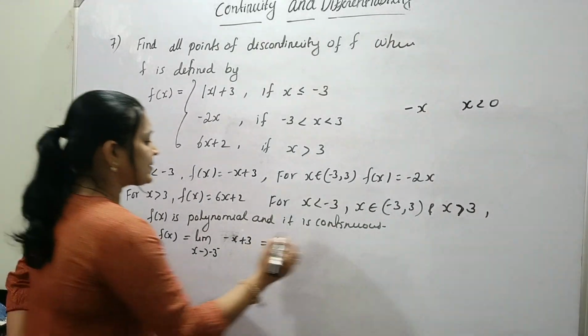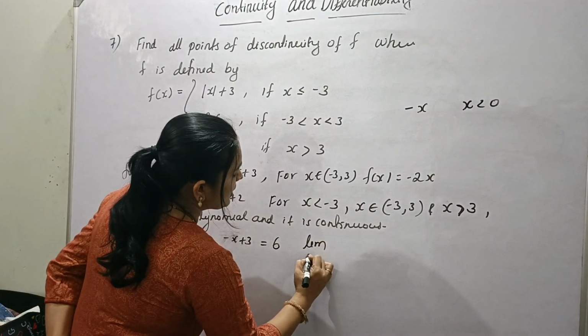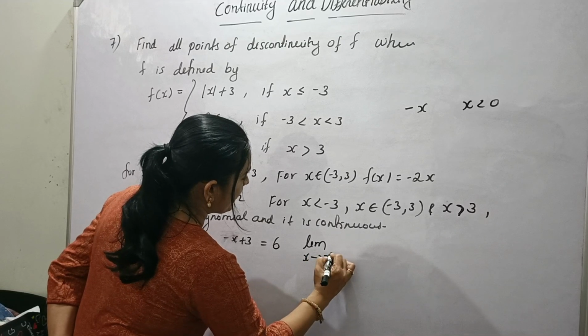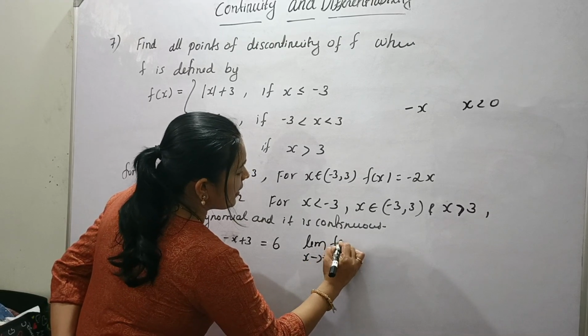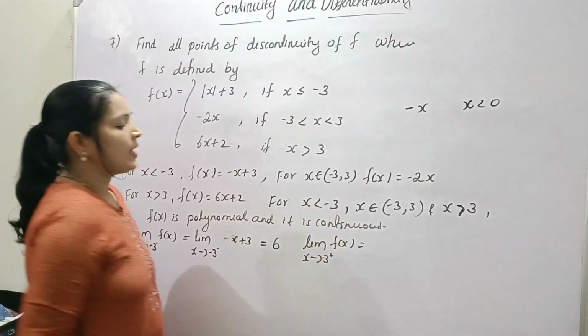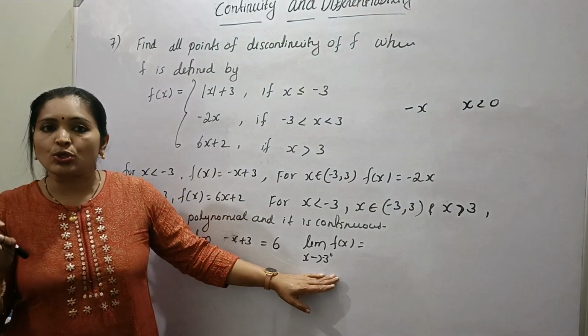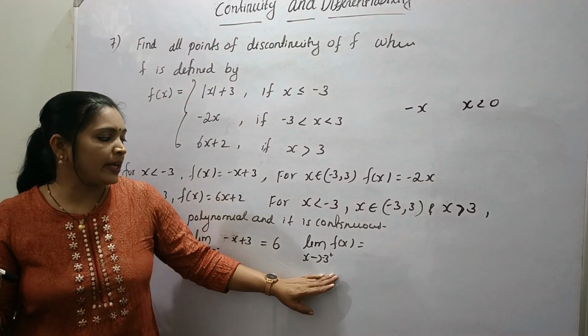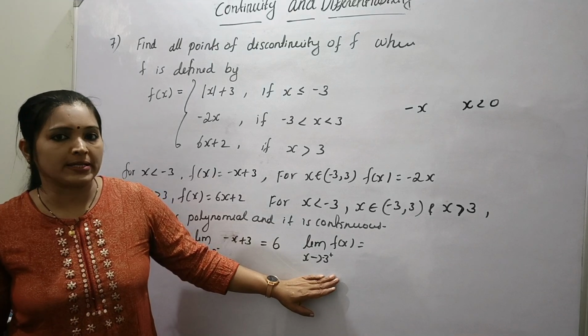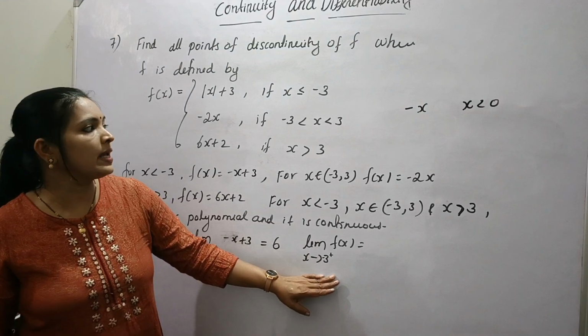Next, let's find the right hand limit. Limit x tends to minus 3 plus f of x. Here the values of x are very close to minus 3 and to the right of minus 3, that is greater than minus 3.